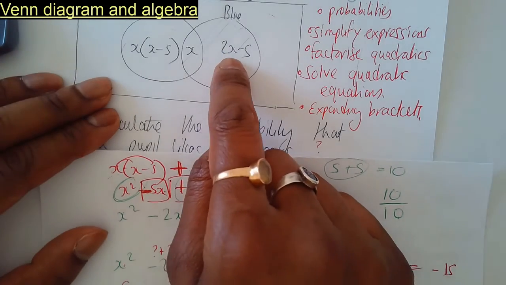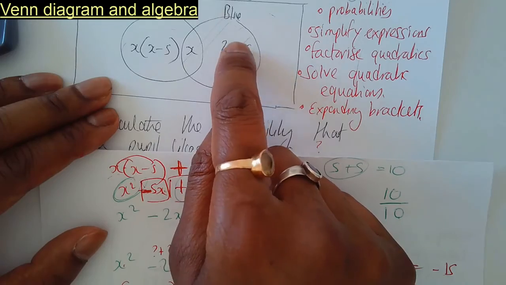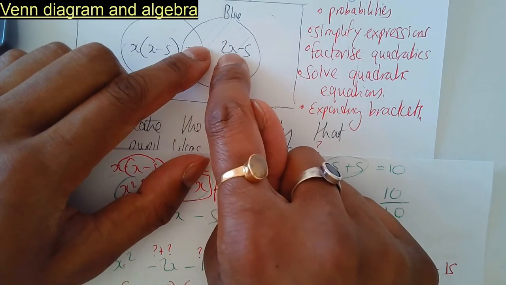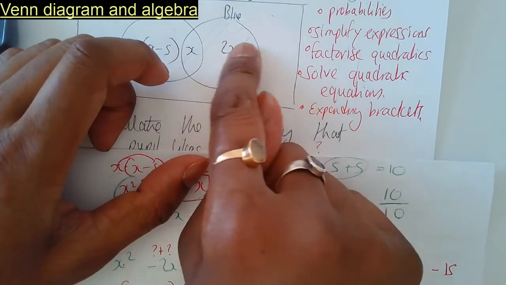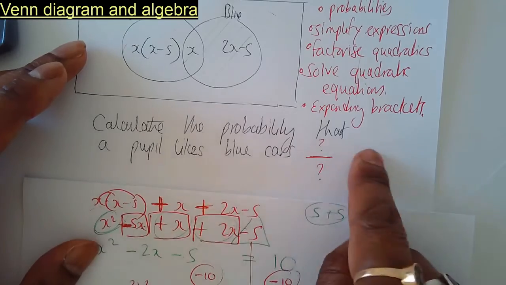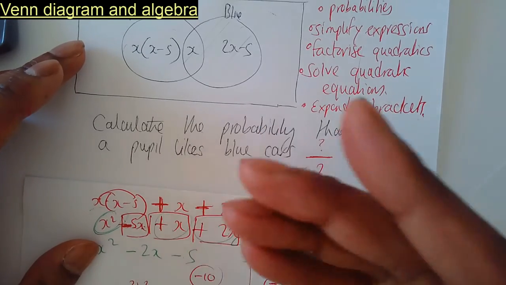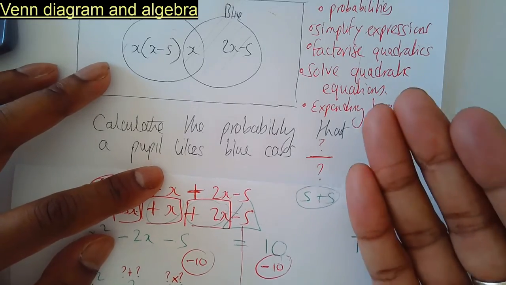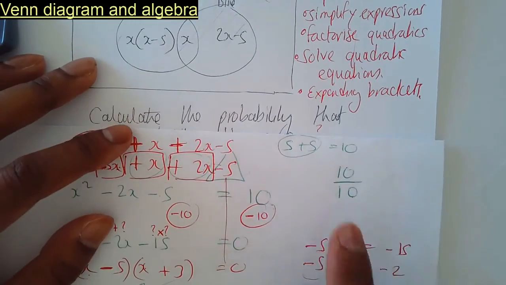And there are also 5 pupils that like only blue cars. I know that because if I replace x with 5, 2 times 5 is 10. 10 take away 5 is 5. So to answer the question, calculate the probability that a pupil likes blue cars: all the pupils like blue cars. 10 out of 10 is what we got here.